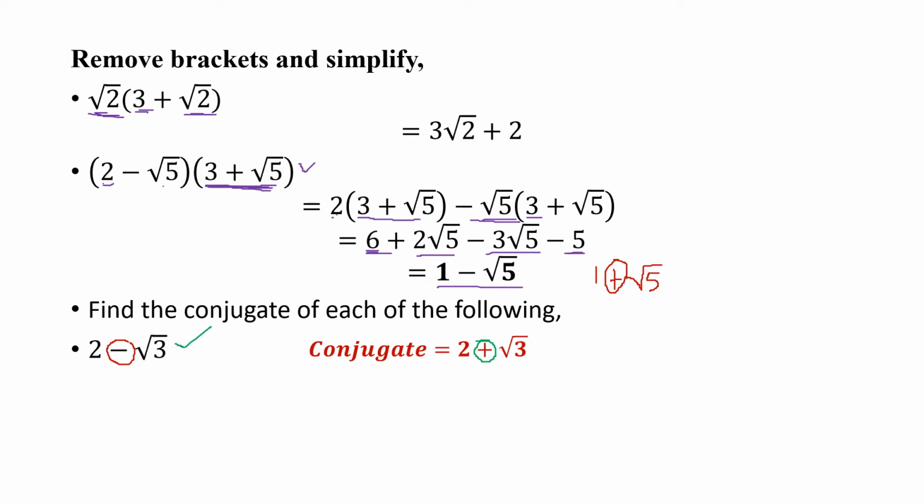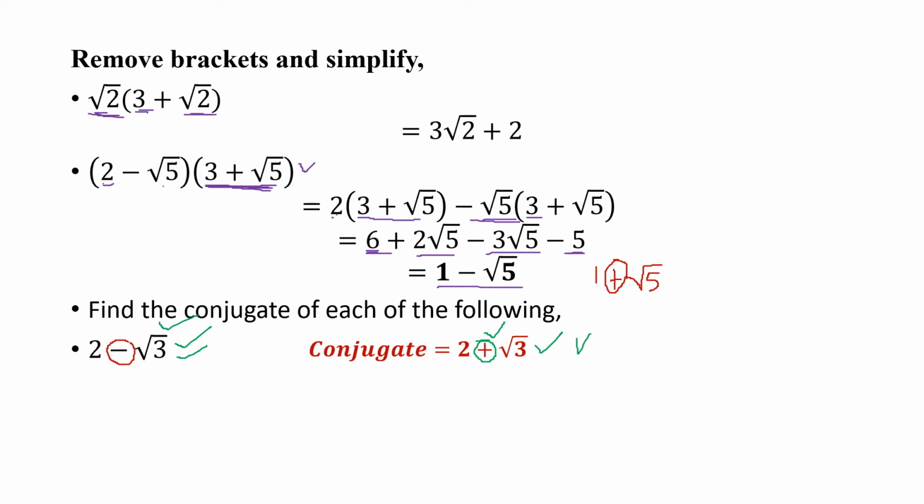The reverse is true. Given 2 plus root 3, the conjugate of 2 plus root 3 is 2 minus root 3. So this one is a conjugate of this one. At the same time, this one is a conjugate of this one.